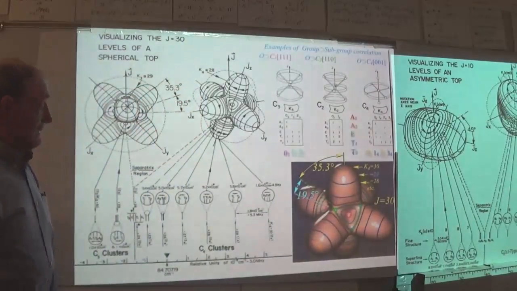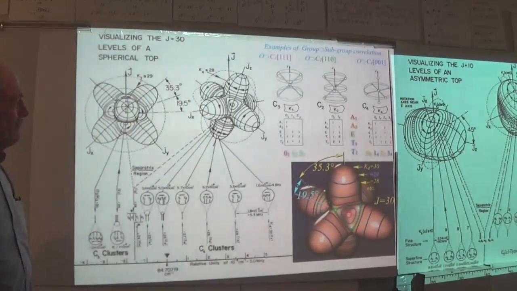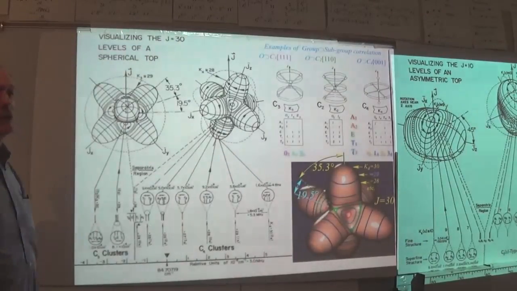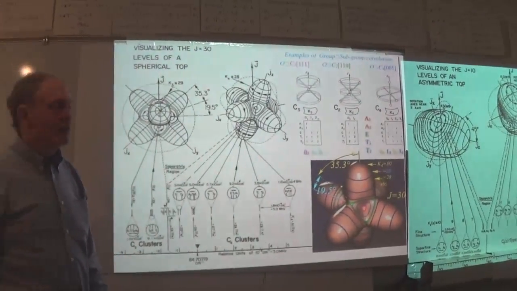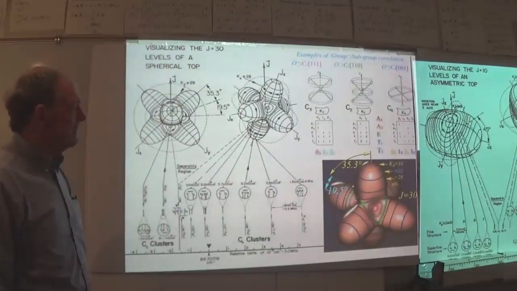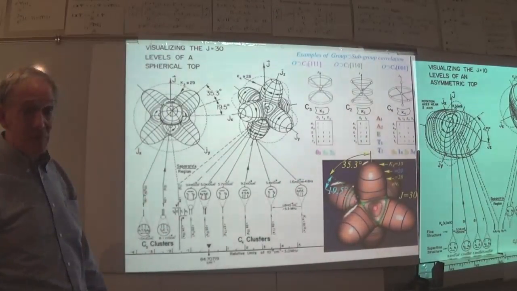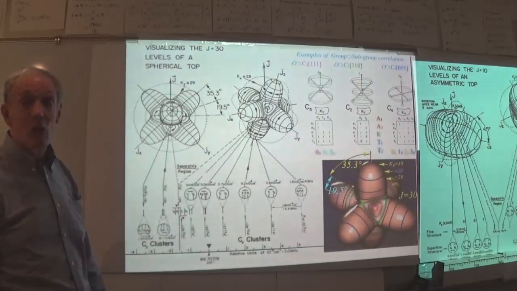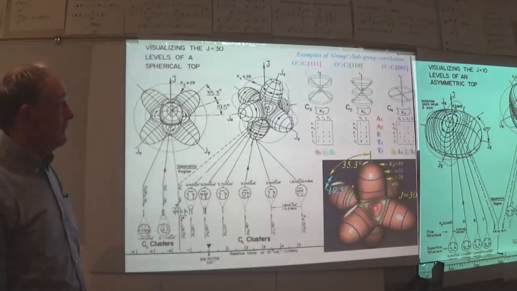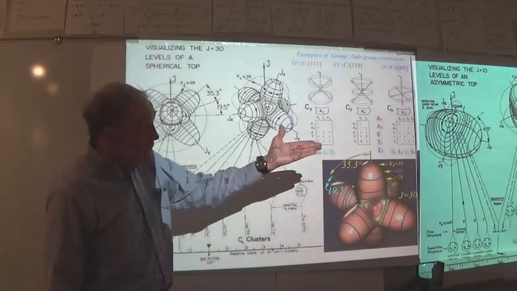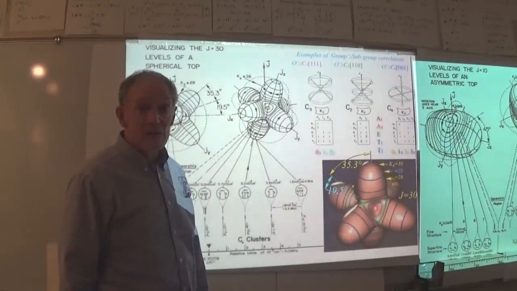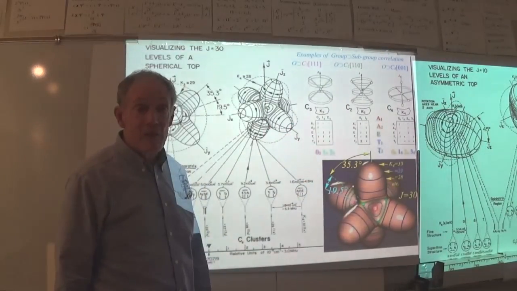So this is a spectrum that really begs to be looked at. Any spherical top, particularly C60, is going to have stuff like this, much more than this. The symmetry is enormous compared to octahedral, but octahedral is enormous compared to the asymmetric rotor.